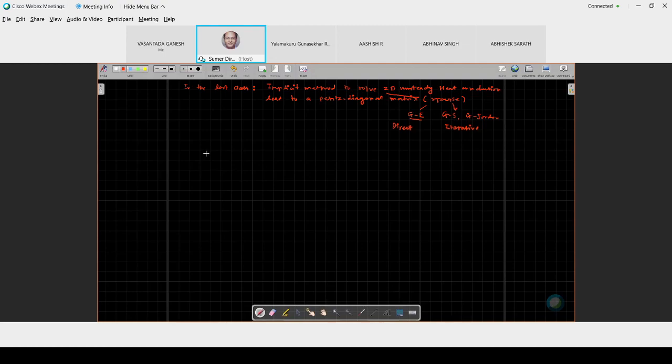Now we'll see how to get these matrices. For example, you have this pentadiagonal matrix. How do you get the pentadiagonal matrix?